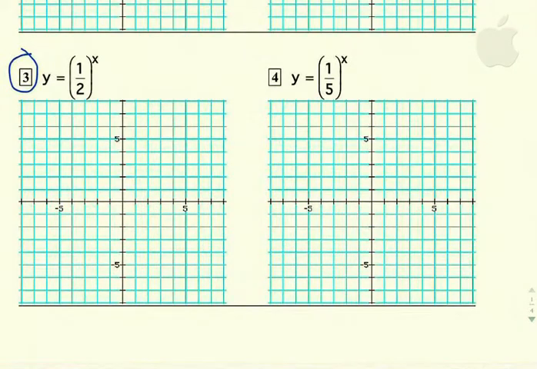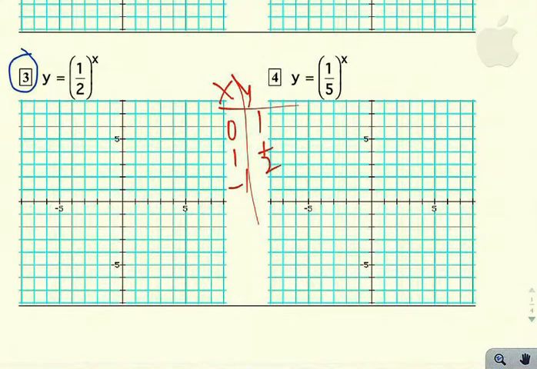Number 3. Number 3 also hugs the x-axis. You can make a little xy chart again. When x is 0, y is 1. When x is 1, y is 1/2. When x is minus 1, y is 2.